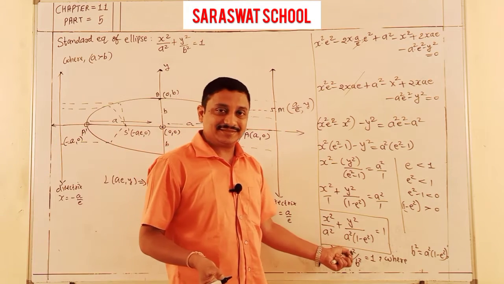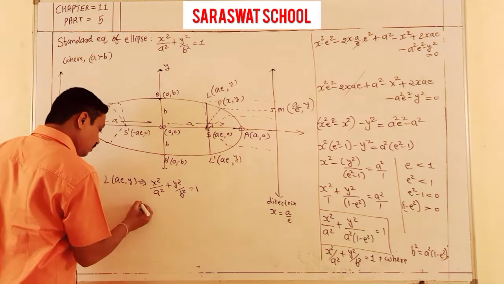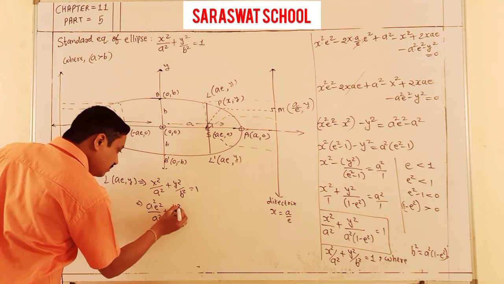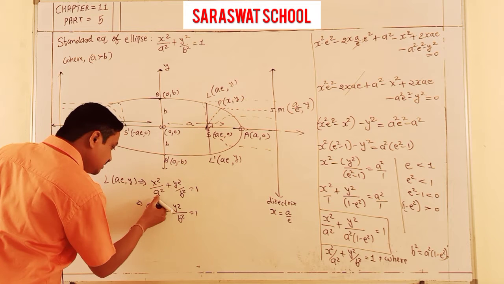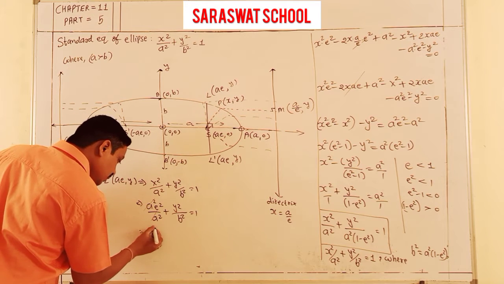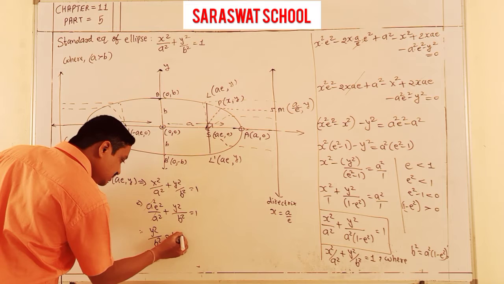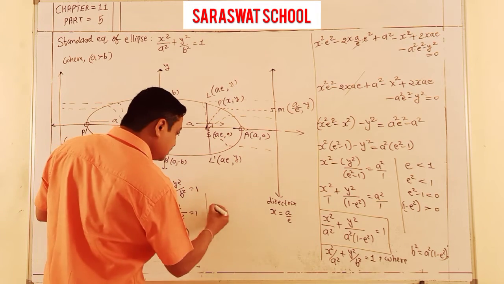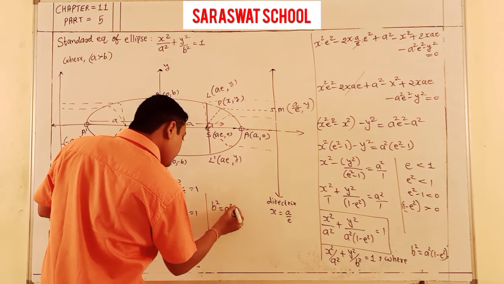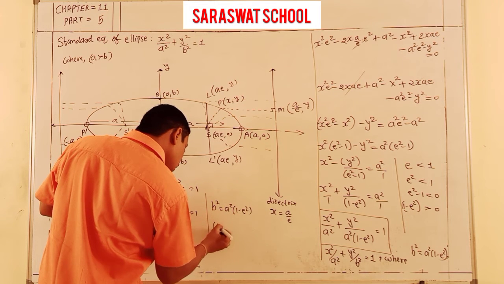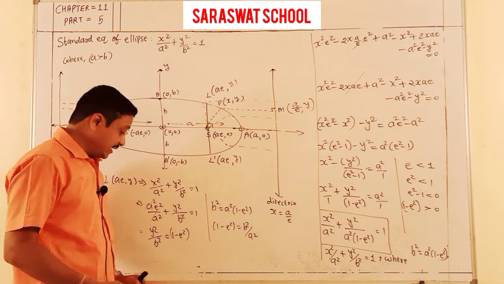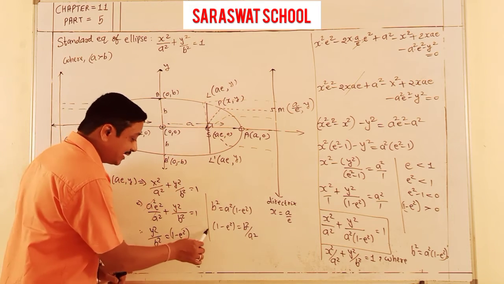Here a square e square by a square, the e square gets cancelled. So y square by b square is equal to 1 minus e square. And students, you know the condition that b square is equal to a square times (1 minus e square). So how much is 1 minus e square? It is b square by a square.